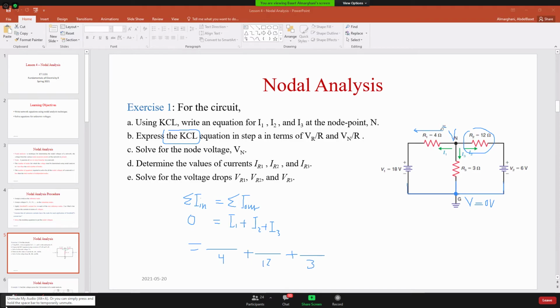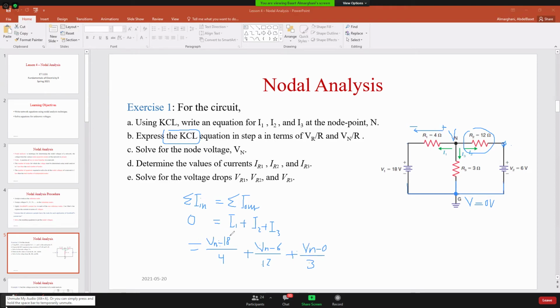Positive here, negative here, since I said it's going that way. So Vn minus 18. And here the second one, Vn minus 6, because the voltage at this point is 6. And this one, Vn minus 0. So those are the 3 currents, voltage divided by resistance.